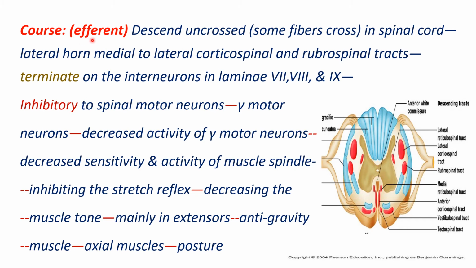Now the course of the lateral reticular formation, or the medullary reticulospinal tract: it also descends uncrossed, while some fibers may cross in the spinal cord to the lateral horn. We can see here that the lateral reticulospinal tract lies medial to the lateral corticospinal tract and the rubrospinal tract.